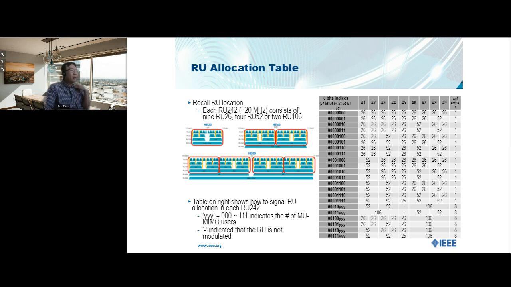For example, if the value is 00100001, it indicates there are 2 users in this RU106. The last row tells you how many entries there are, mapping this YYY value to the different number of entries. So essentially, all the permutations of each of these RU26 are assigned by the RU assignment table.